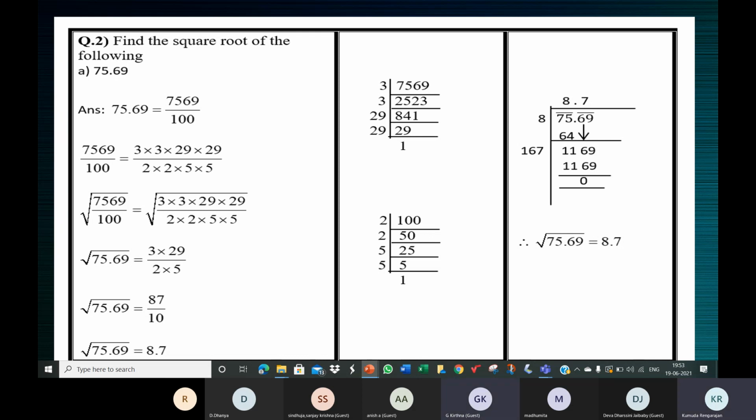Very good. 329 into 9 is 2961. And the remainder is 0.